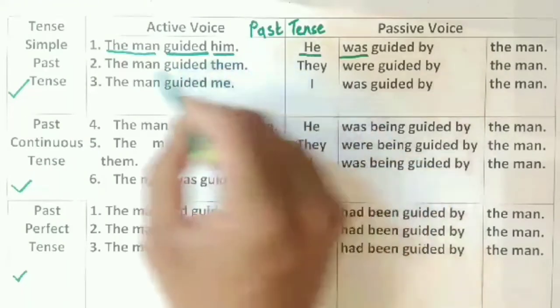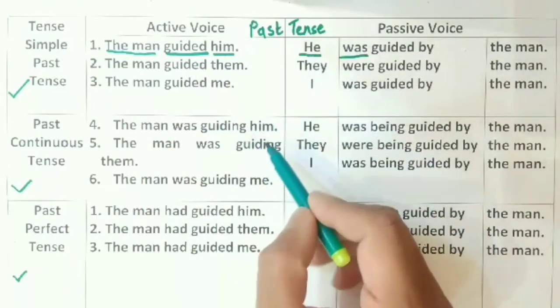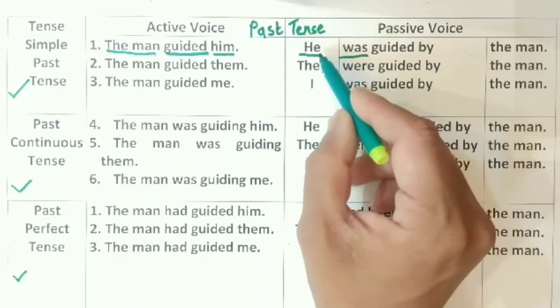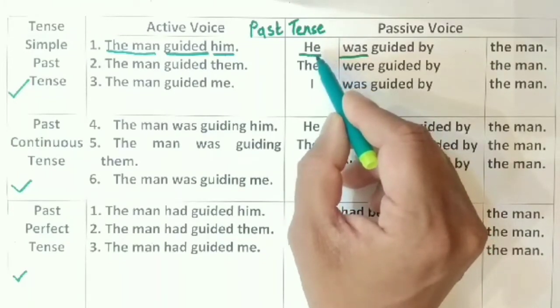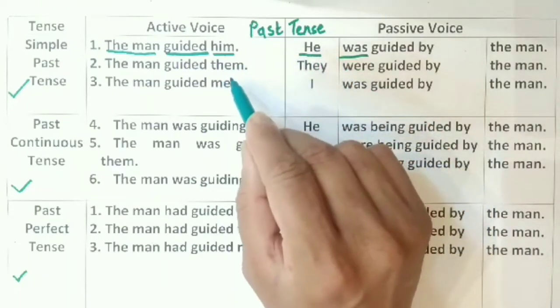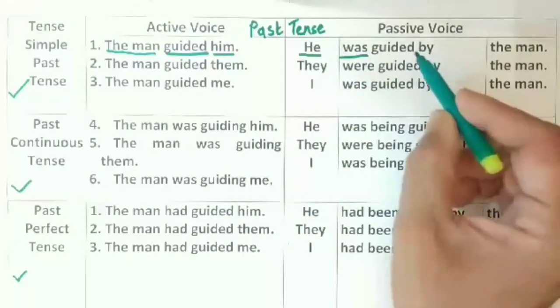As we know that the sentence is from simple past tense, this is the first criteria, and the second criteria is identify the singularity and plurality of the object, isn't it? So as he is the singular pronoun and the sentence is from simple past tense, we have selected the helping verb was here.